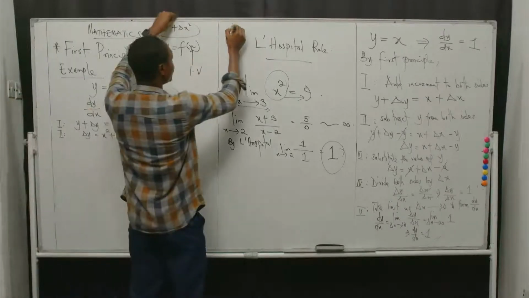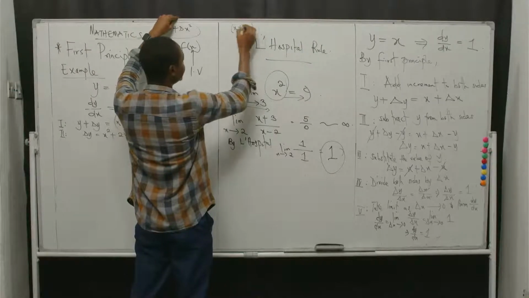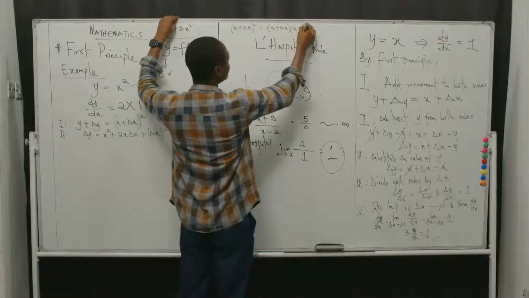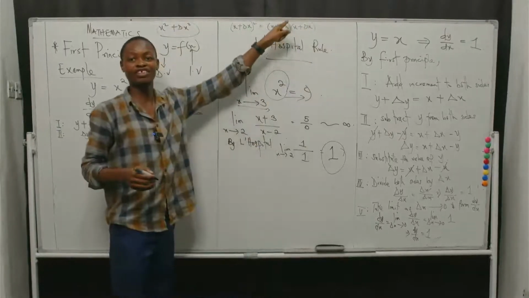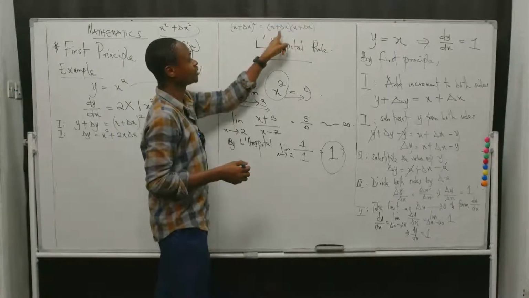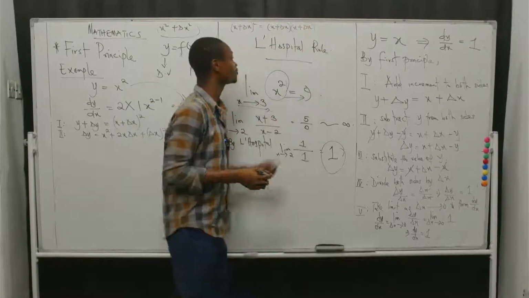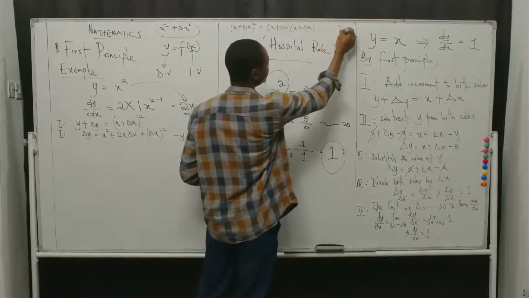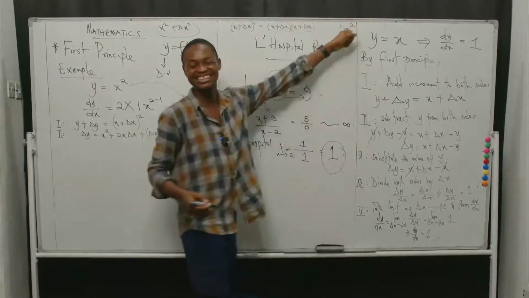Now, you might be wondering, how exactly did I expand? Of course, this is going to be x plus delta x multiplied by x plus delta x. Now, if you take this, x multiplies everything in this bracket, and then delta x multiplies everything in this bracket. Now, in this case, it's going to be delta x multiplied by delta x. It's not going to give you delta x squared.